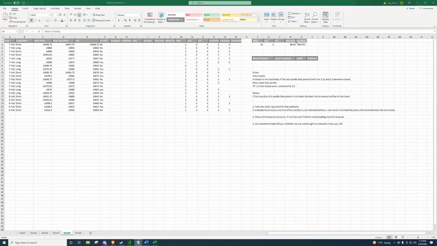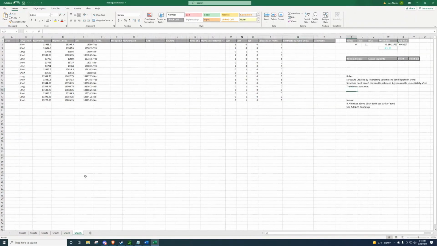For instance, the last set of data that I did at 1-to-1, one of the big things that came up is that realistically on a 1-to-1 ratio, every time I'm getting a winner, if I have multiple contracts, and this really goes to talk about multiple contracts versus a single contract.